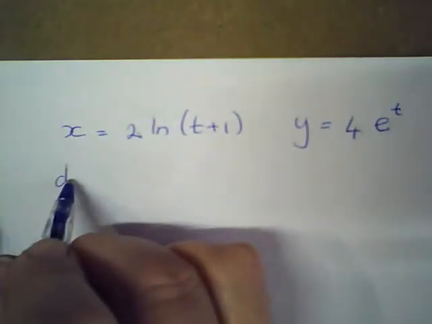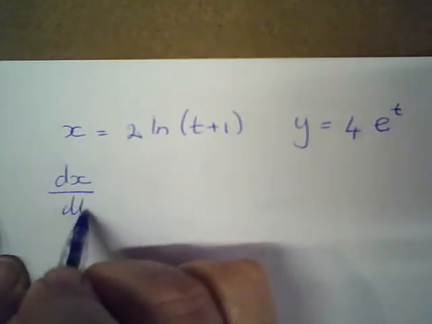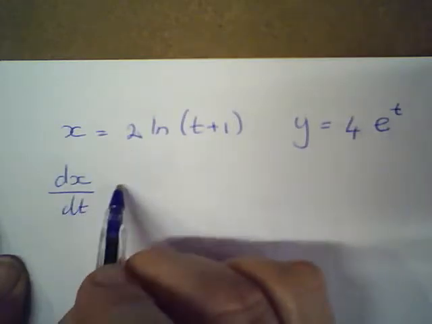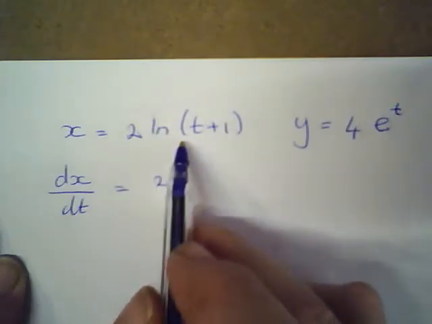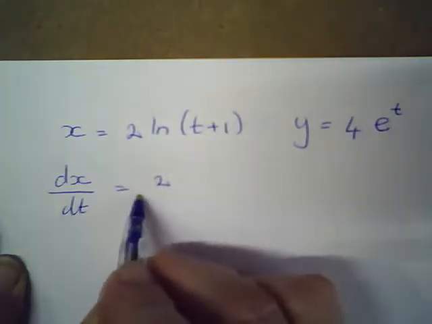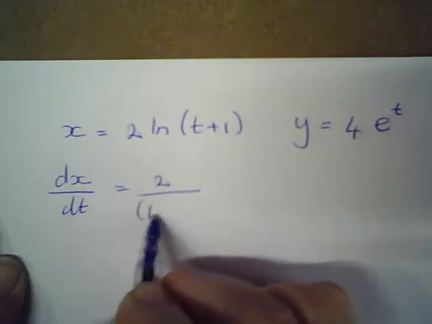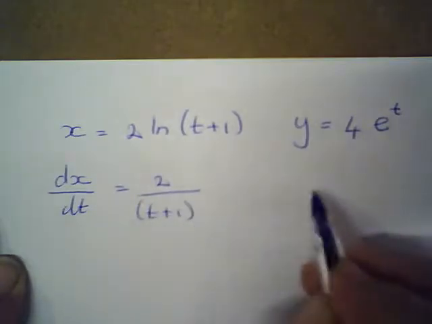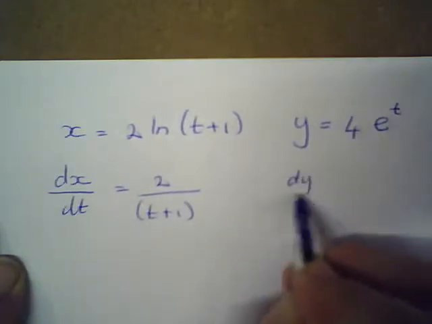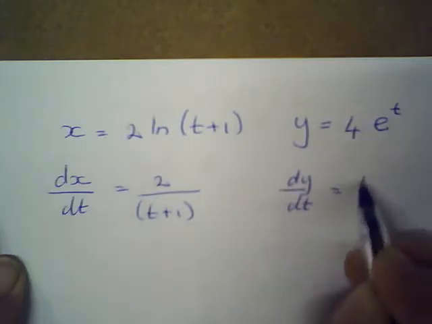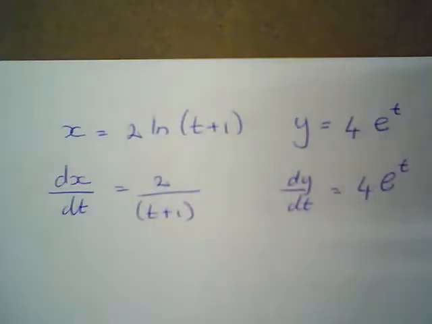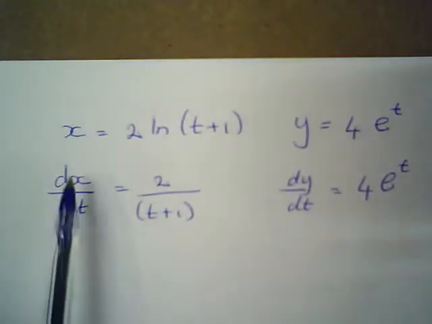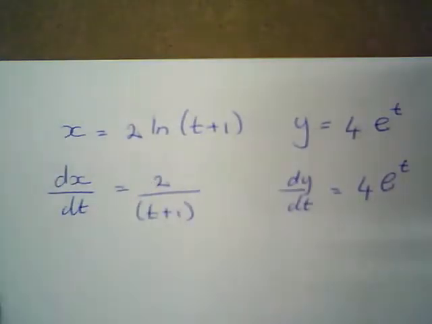So I'm going to find dx/dt. That would give me 2 times the derivative of natural log (t plus 1), which is 1 over (t plus 1), and then for dy/dt, the derivative of 4 e to the power t is 4 e to the power t, and we are done with taking the derivatives of these portions.